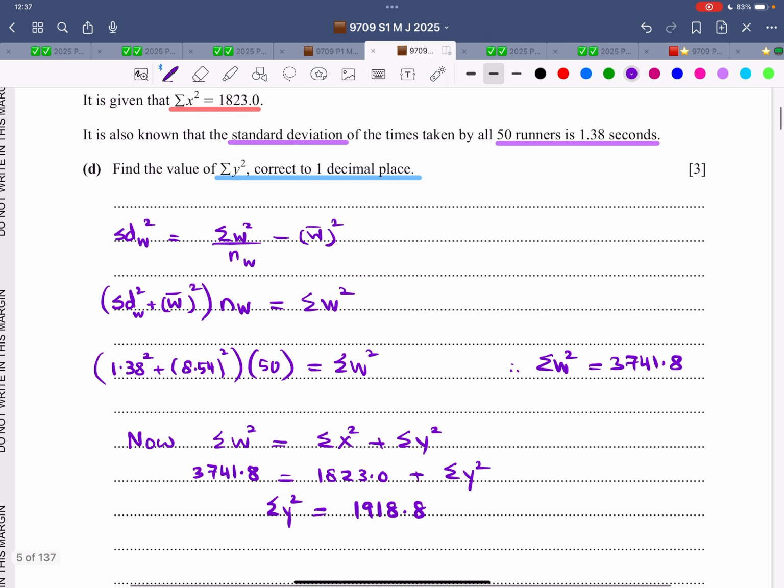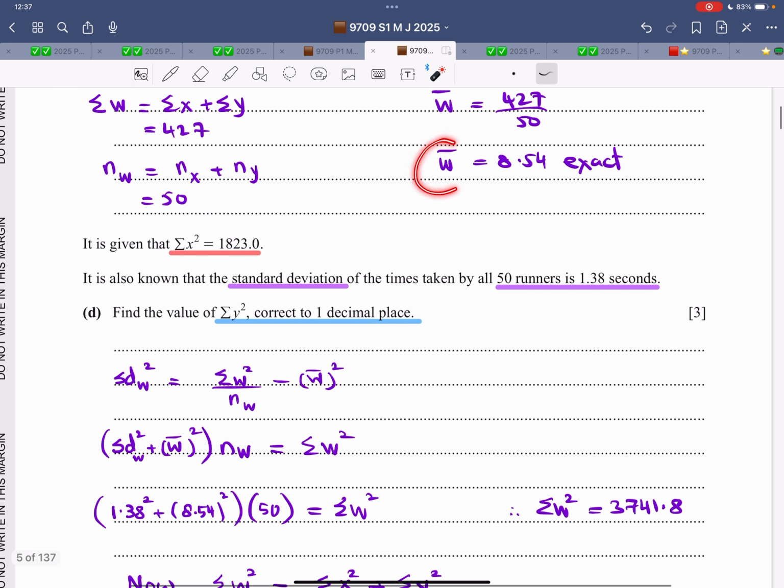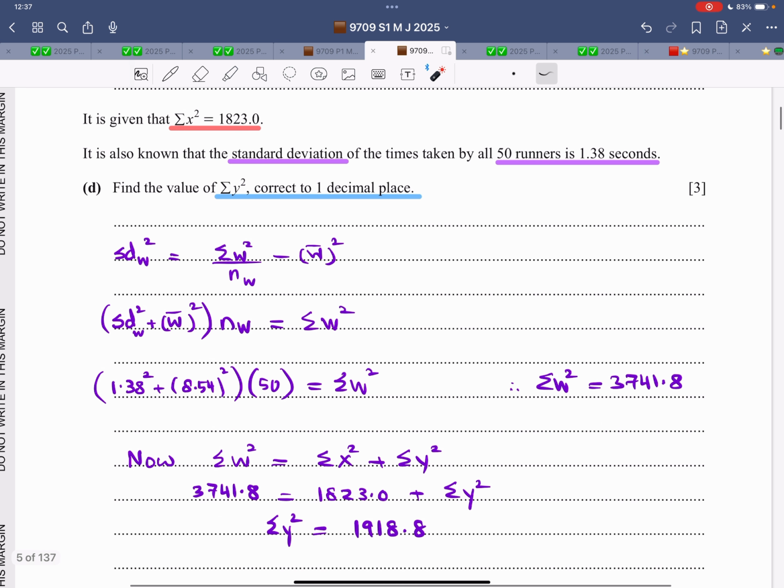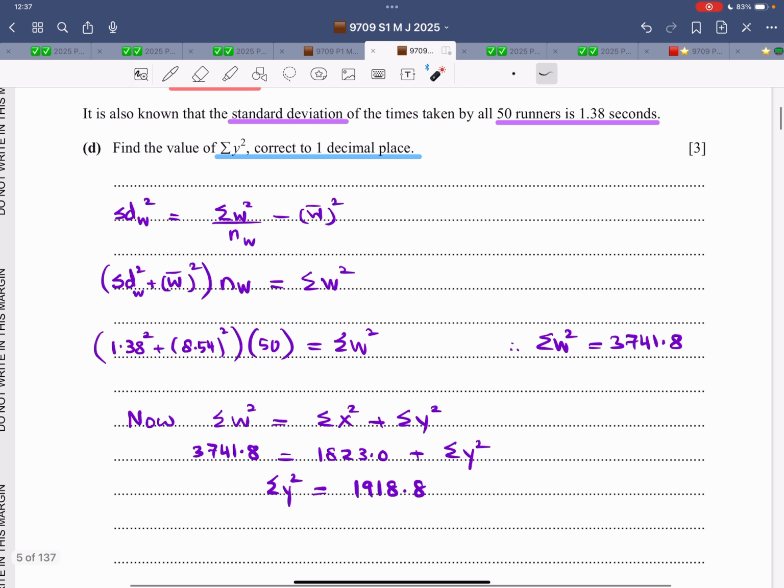So now if I work over here, standard deviation W square is sigma W square over NW minus W bar square. This is W bar, and that is over here. What I've done is first transfer this to the other side and then in brackets multiply by this. So this is basic maths.